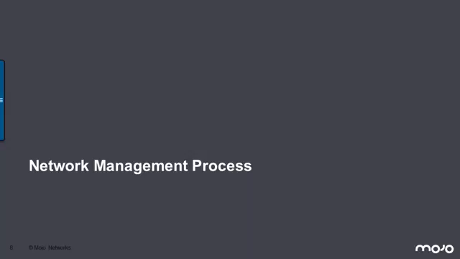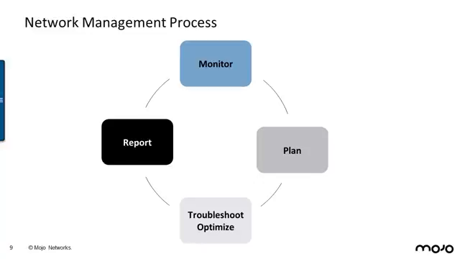Okay, network management process. It's a simple process. It's an iterative process. For those of you that have been doing this for a long time, I'm sure you do something like this. You're going to monitor the network. You're going to look for key performance indicators. You're going to come up with some course of action, whether it's upgrading the APs or upgrading client drivers, and you're going to try to do this in a methodical way.